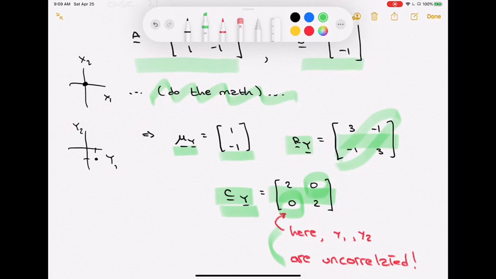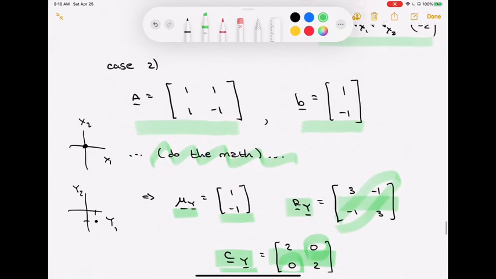What does it mean that they're uncorrelated? If I make y1 big, I don't really know whether y2 is going to get bigger or smaller. There's no straight line relationship between them. It doesn't mean that they are independent, but it does mean that they lack that straight line kind of relationship.